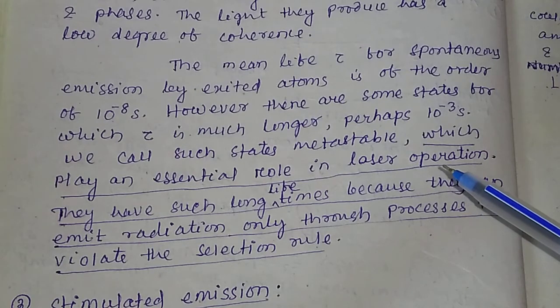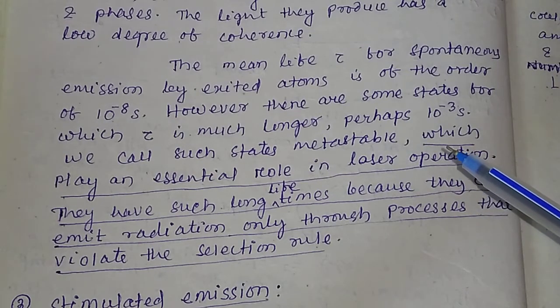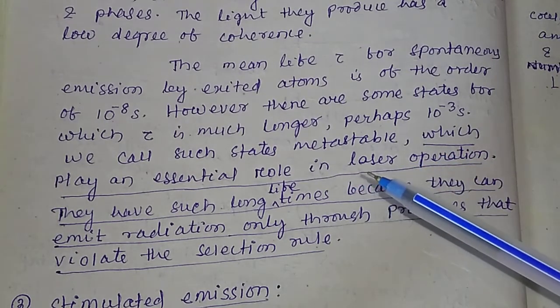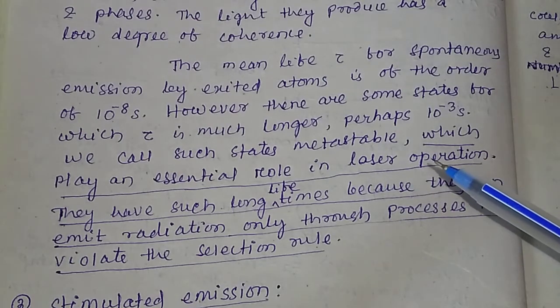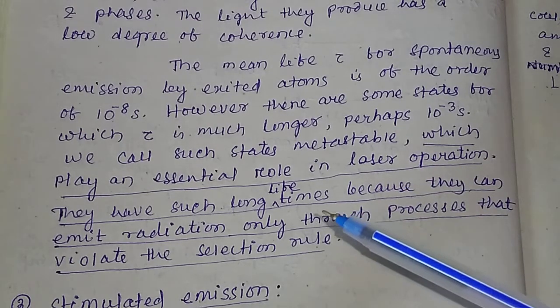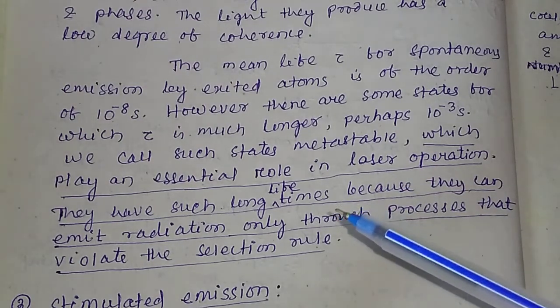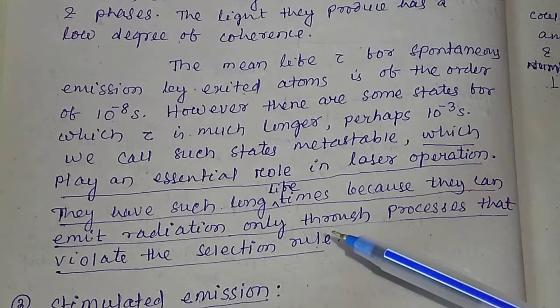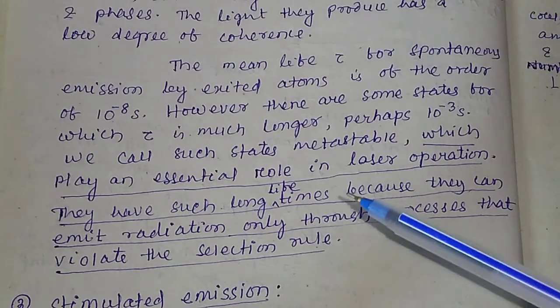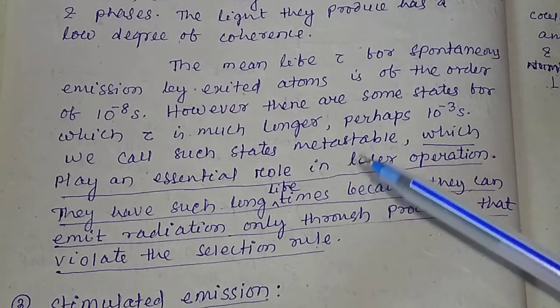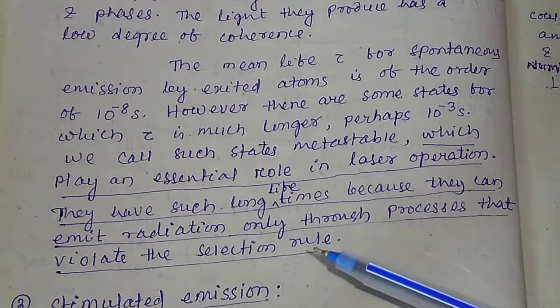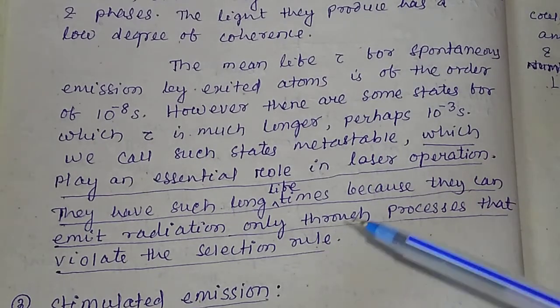It is very important because this state plays an important role in laser operation. They have such long lifetimes because they can emit radiation only through processes that violate the selection rule.